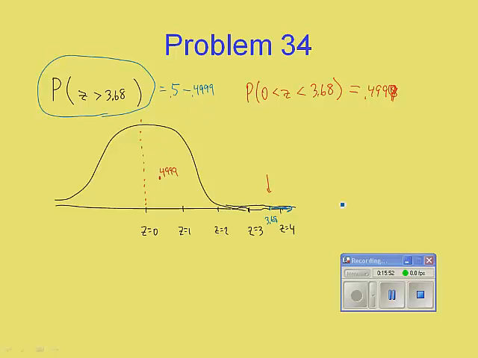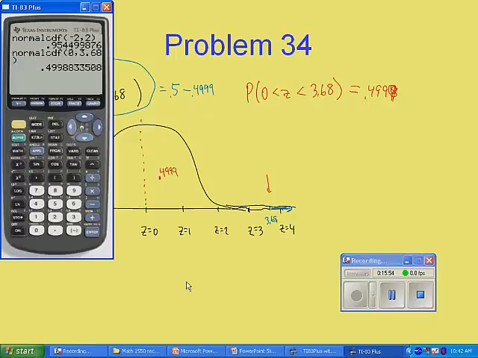Of course, that's ridiculously unlikely. I'll do it on the calculator: 0.5 minus my last answer. 0.5 is half. I know that everything to the right is a half. I'm subtracting off the red, and that'll leave me the blue.